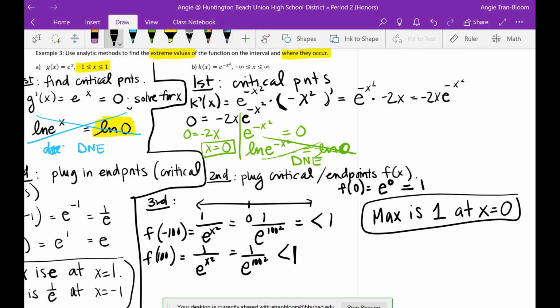And what's happening is the function is getting closer and closer to what, by the way? 0, isn't it? If it's e to the negative x squared, the reason why it's 1 over e to a power is the negative. Correct. So why is it still a fraction when you plug in 100? Well, I just made it a positive exponent, right? E to the negative x squared, I just made it a positive exponent.